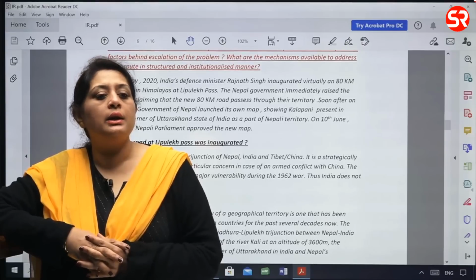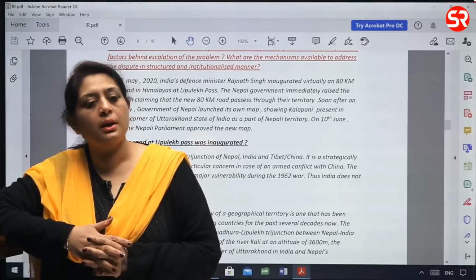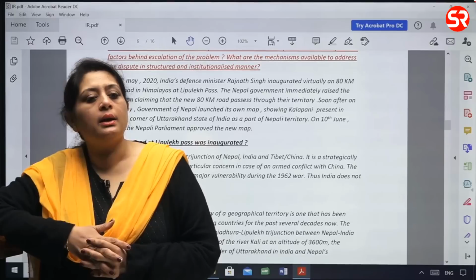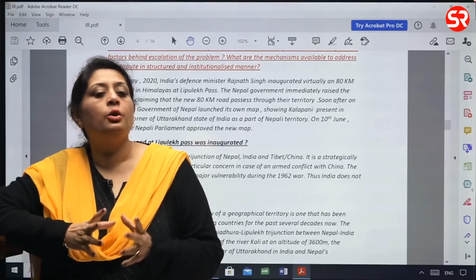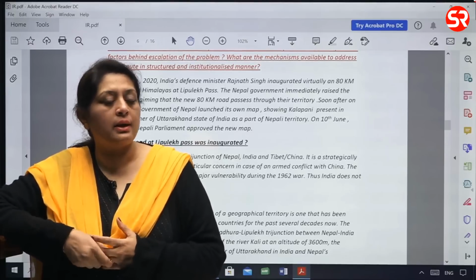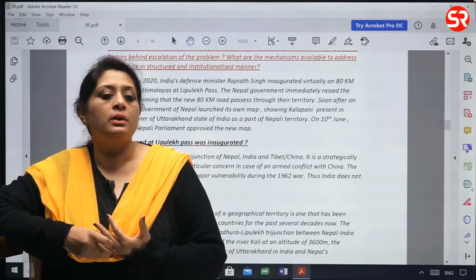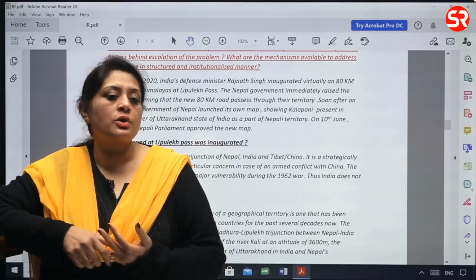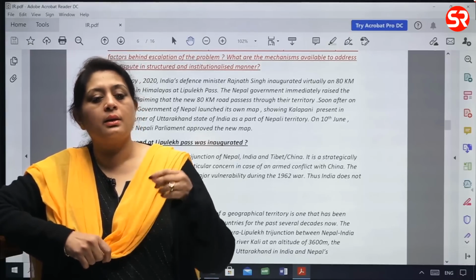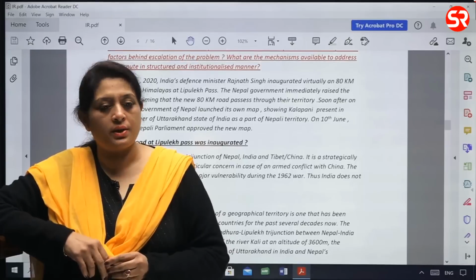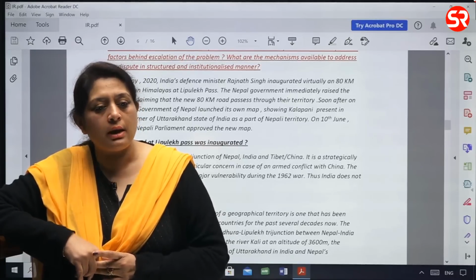We have understood the strategic importance, and the Indian military has a post in the Kalapani region, and Nepal, or initially China, was pushing Nepal that Nepal should assert its sovereignty on this region.